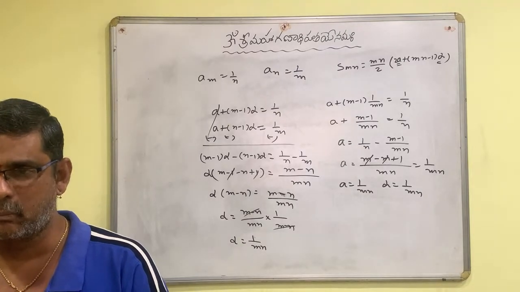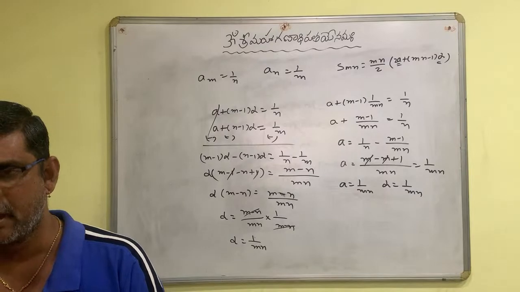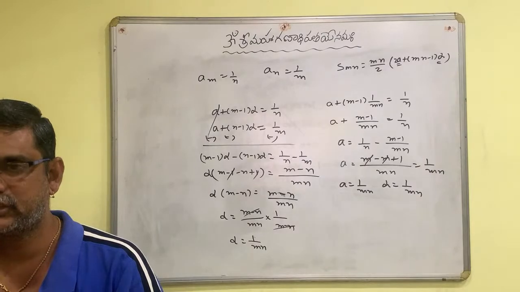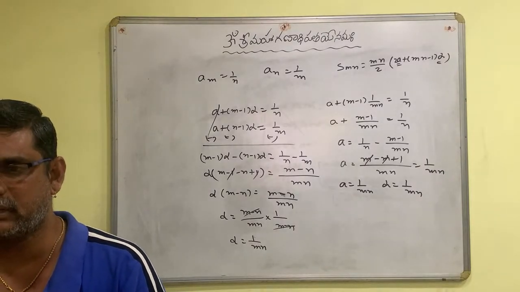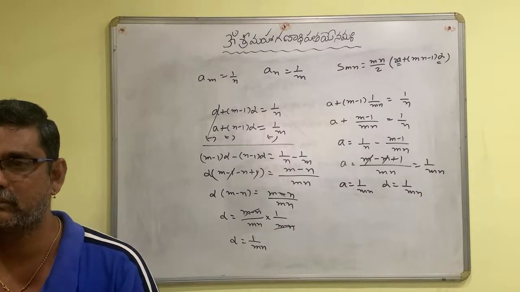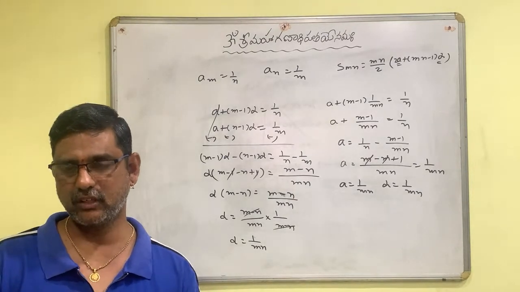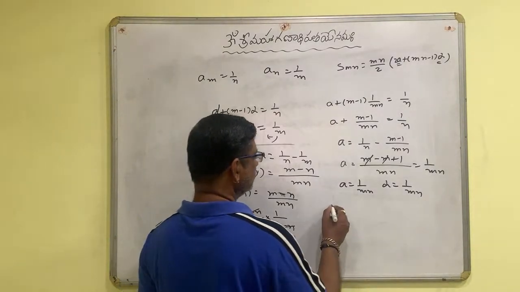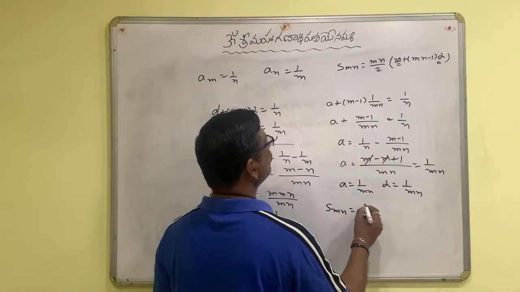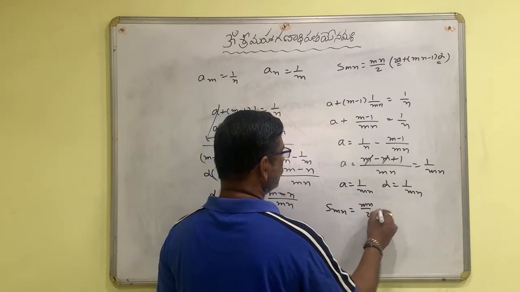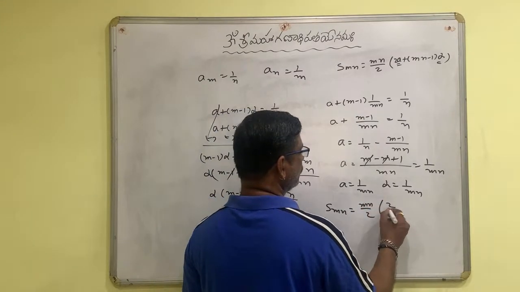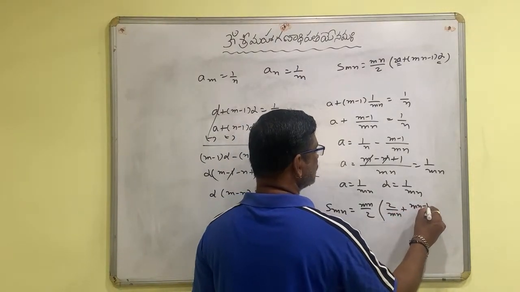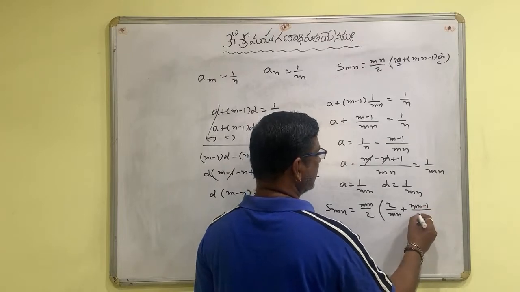Sanvi sent the answer, 1 plus mn by 2. Let me see that. Smn is equal to mn by 2 into 2a, 2 by mn, plus mn minus 1 by d, 1 by mn.